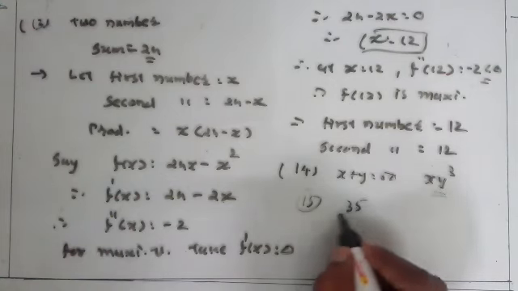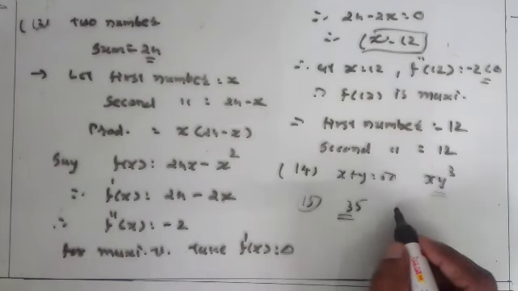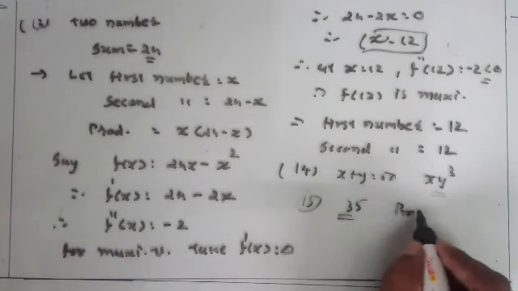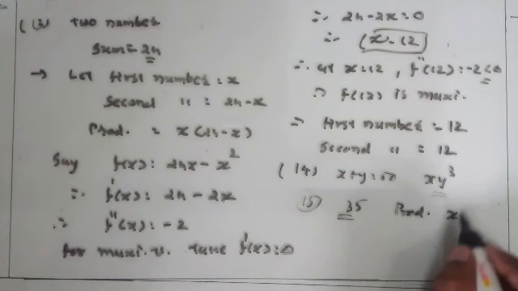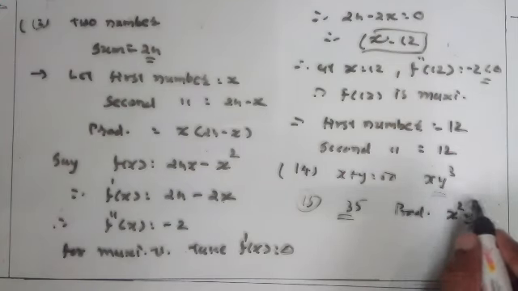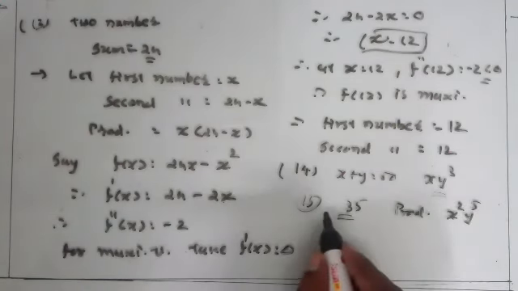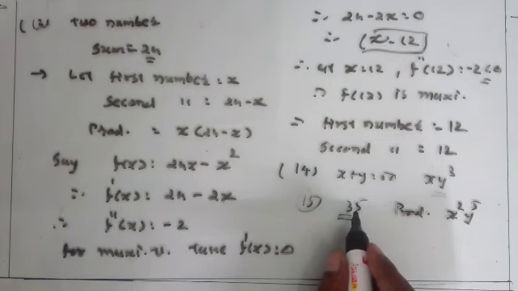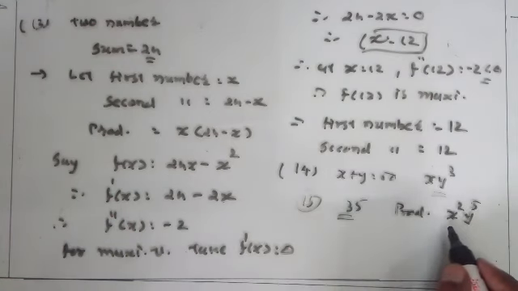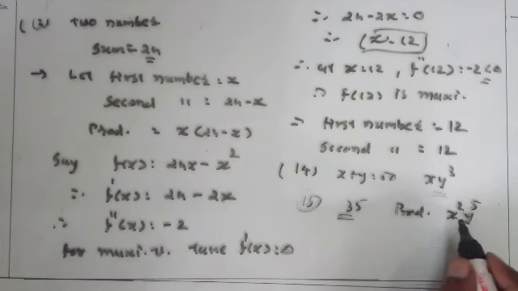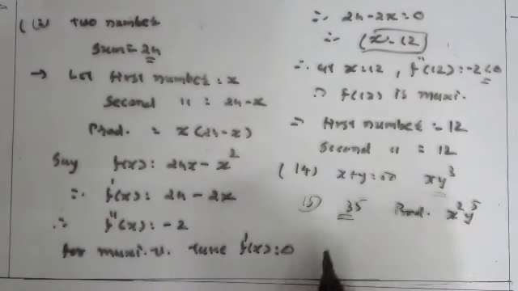Here the sum is given 35, and the product is x square y raised to 5. Same question. Here x plus y is equal to 35. So y is equal to 35 minus x. Put in this, say this function f(x), and apply the same method.